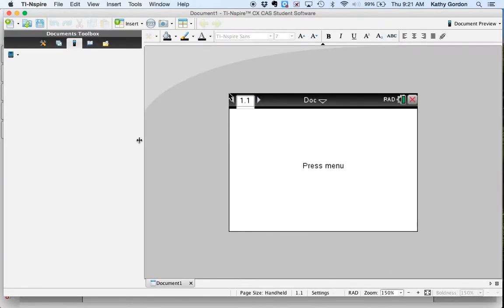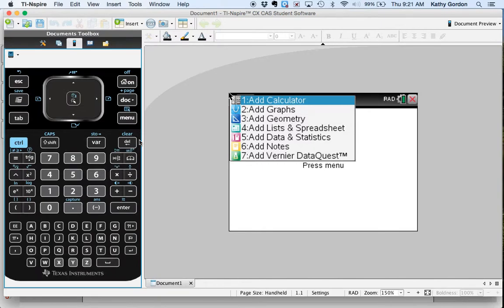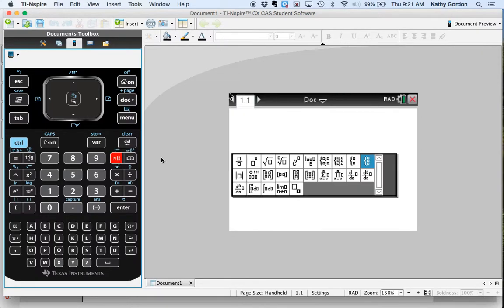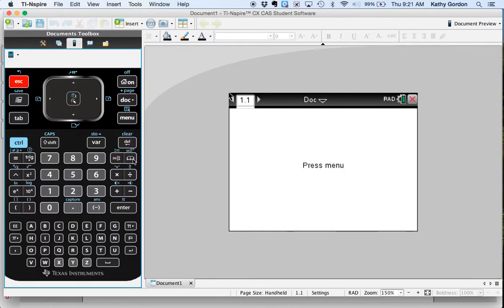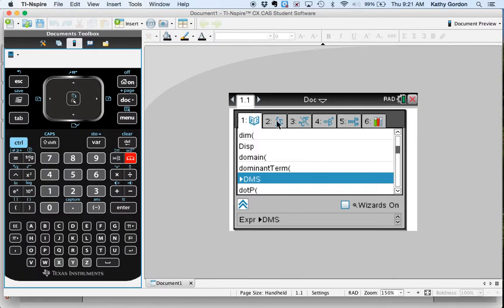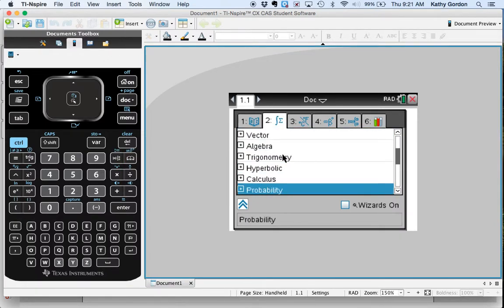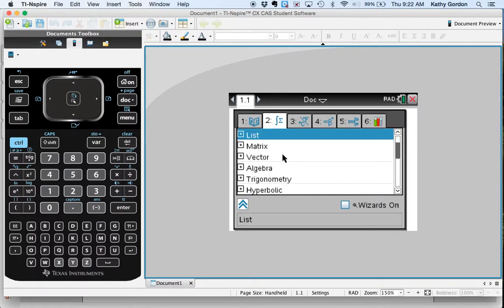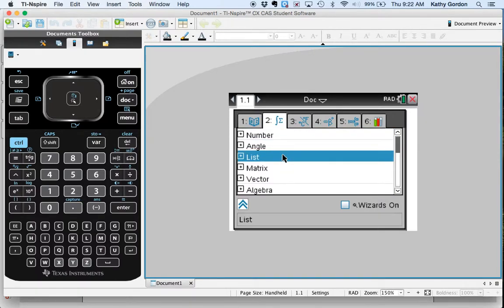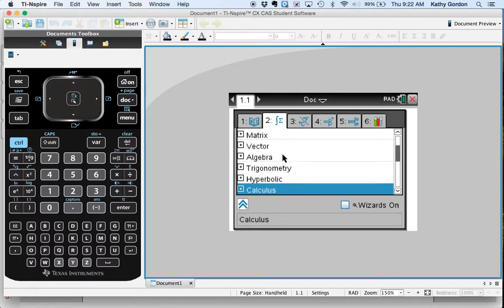Oh, I see it. It's in the second tab of the book. So if we go to the book, nope, that's not the book. Try that again. Go to the book. Oh, look, it even says sigma. Couldn't make it more obvious, could they? So now which one of these do we want? List, Algebra, Calculus, Math?